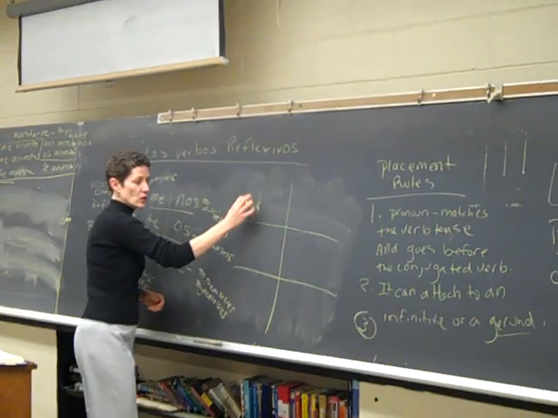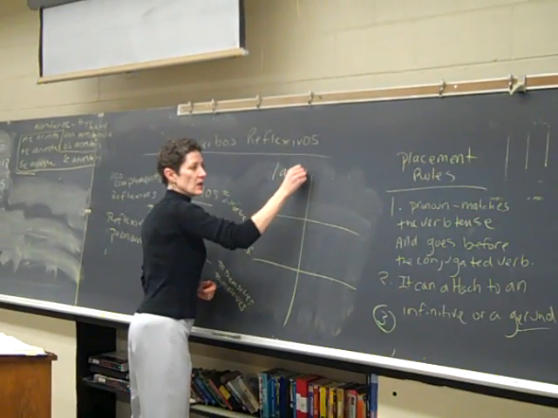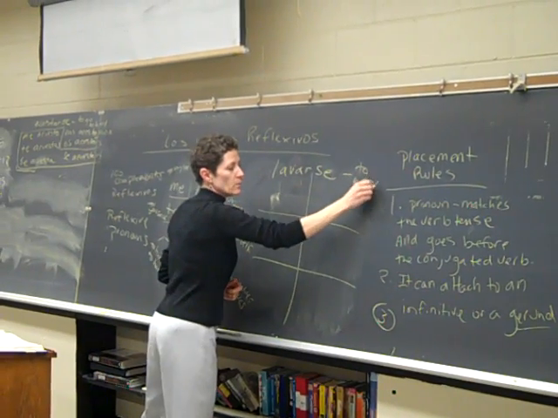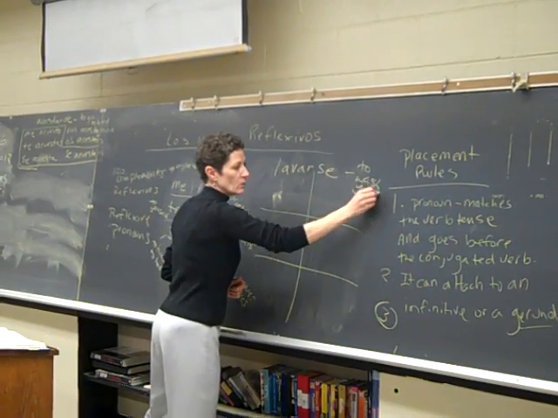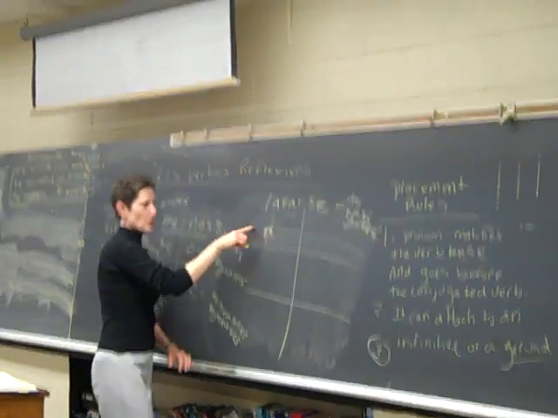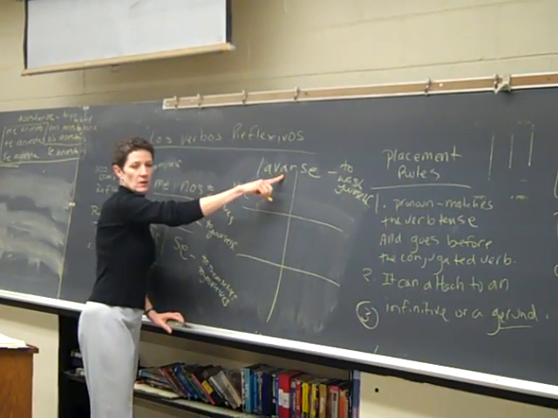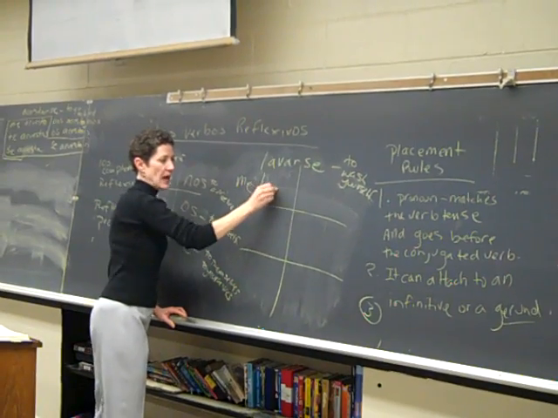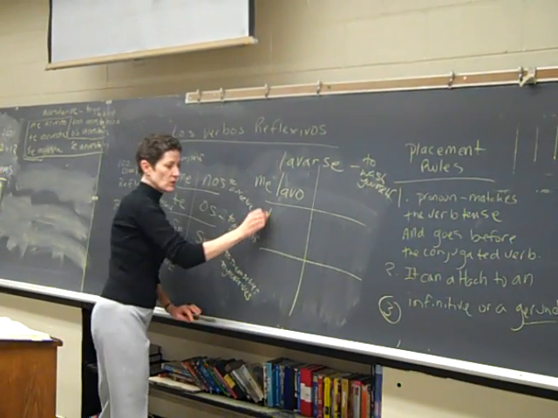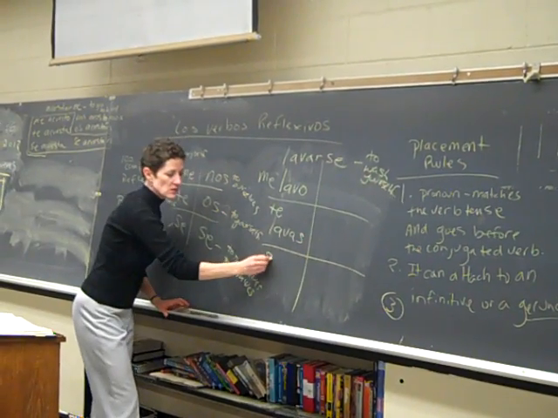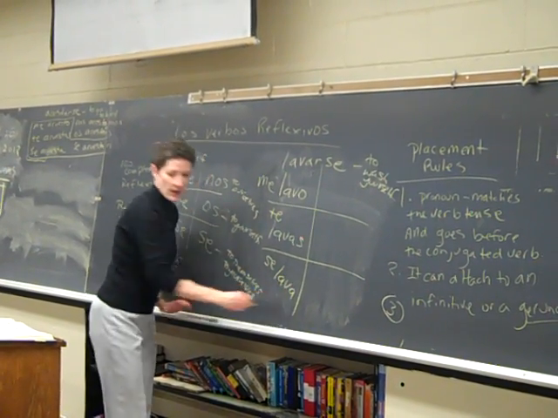So if you conjugate the verb lavarse, which means to wash yourself, all you do is put the pronoun before the conjugated verb. Me, in the yo form, that would be lavo. Right? Te lavas. Se lava.